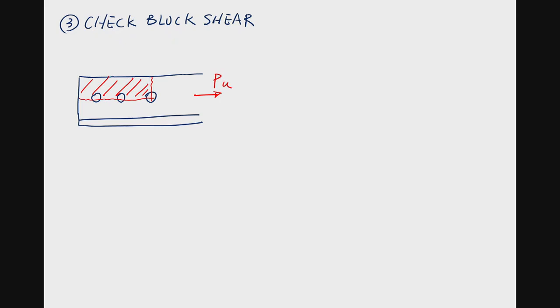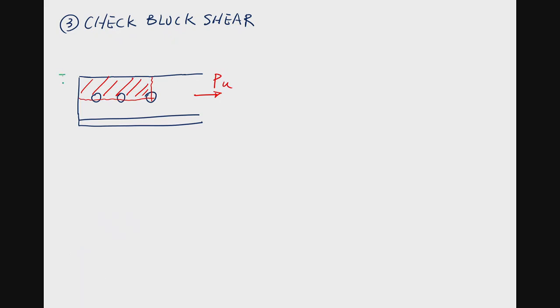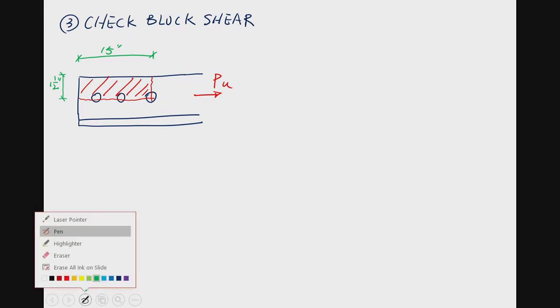Okay. And then we also determine the dimensions, right? So that's 1.5 inch, and the total length is 15 inches, right? So we are the designer, so we can choose whatever we want to choose, as long as the phi VPN would be greater than PU.